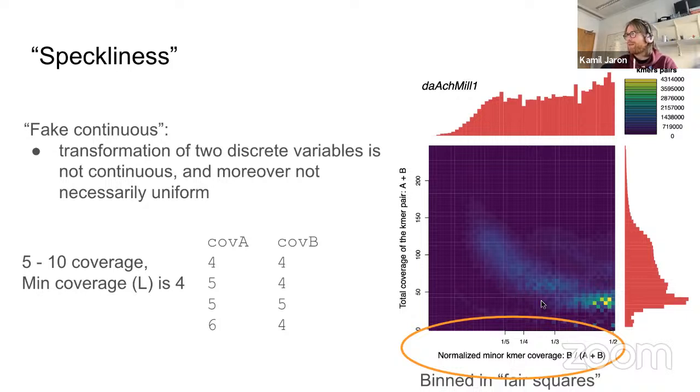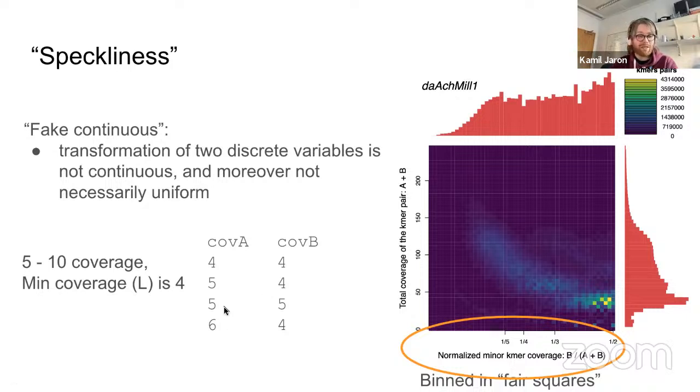So in this plot, the error threshold L was 4, which means that the lowest two k-mers that will be in there will be 4, 4. And those will be the only possible pair for coverage sum 8. Everybody with me? For the coverage sum 9, there is also only one option, 5 and 4.